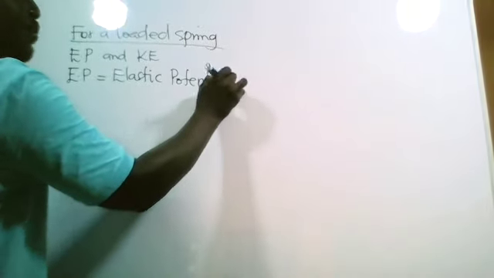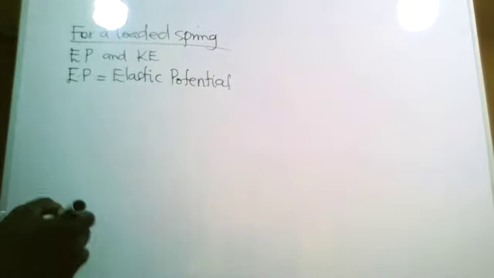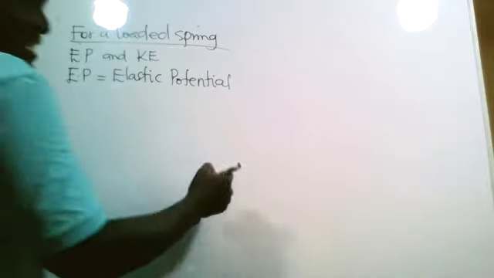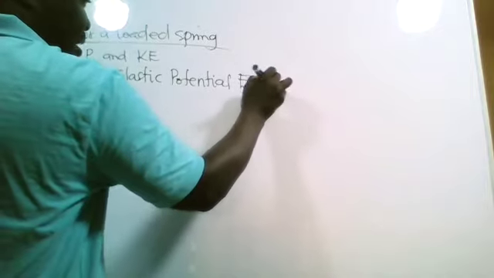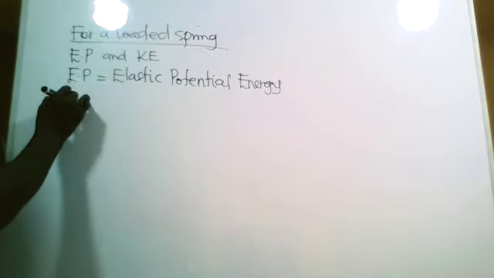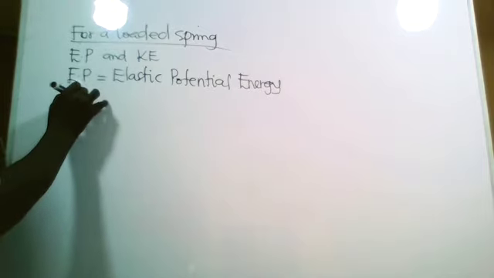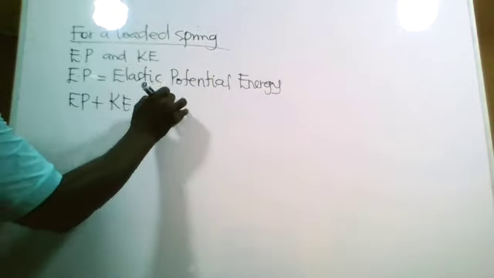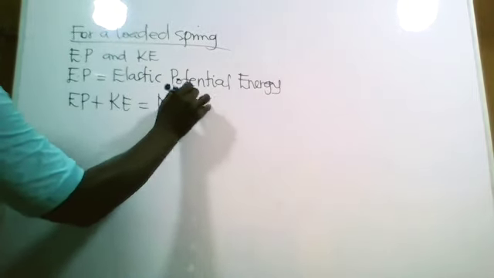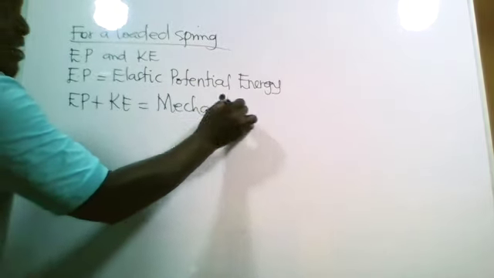Springs or elastic materials possess elastic potential energy, and a simple pendulum has gravitational potential energy. So for a loaded spring, it possesses EP plus KE, which is equal to the total energy possessed by the body, which is the mechanical energy.